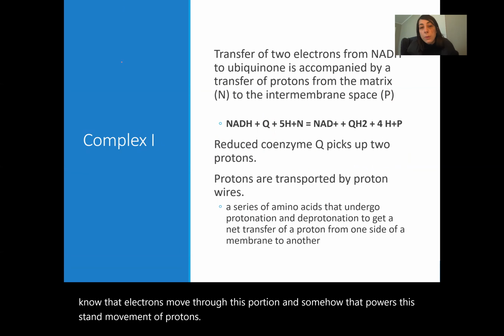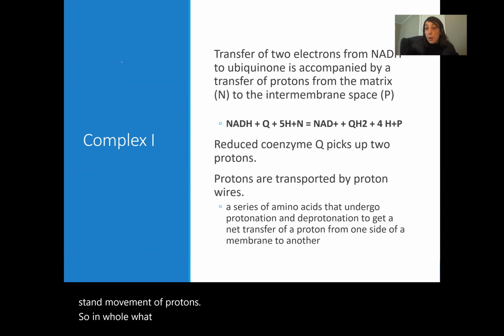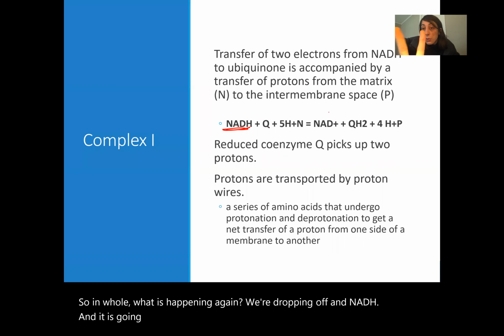So in whole, what is happening? Again, we're dropping off an NADH, and it is going to drop off its 2 electrons to make NAD+, right?